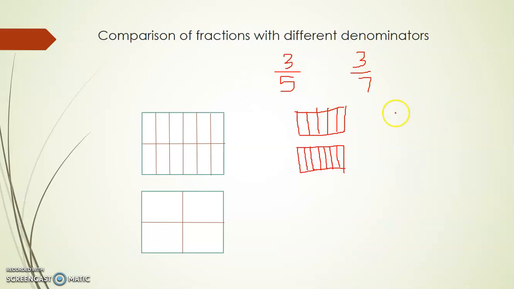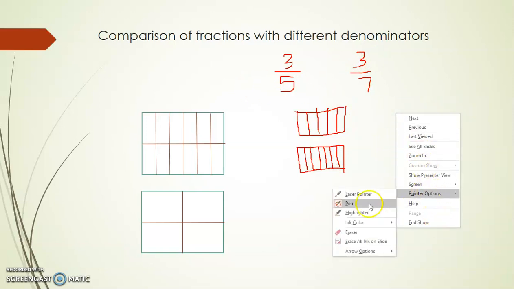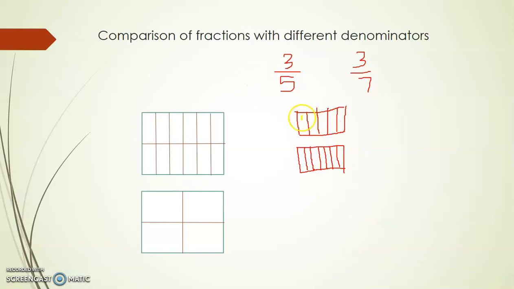Now, 3/5. Let us represent ചെയ്തു നോക്കാം. 3/5 പറയുമ്പോൾ this is how 3/5 is represented. And 3/7.